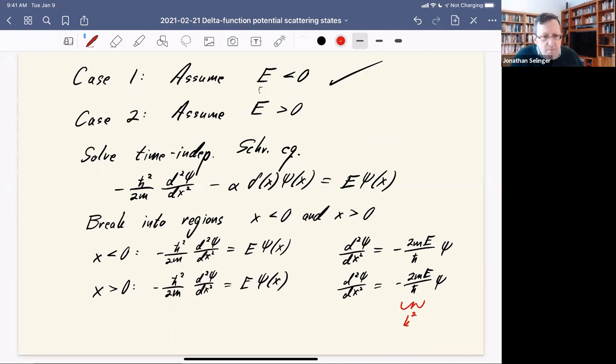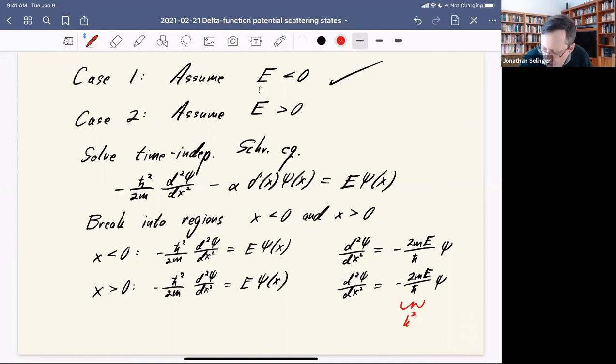Let's do the complex exponentials. That worked out well for the free particle, and we could see that the complex exponentials had a nice interpretation in terms of a particle going to the right or a particle going to the left.